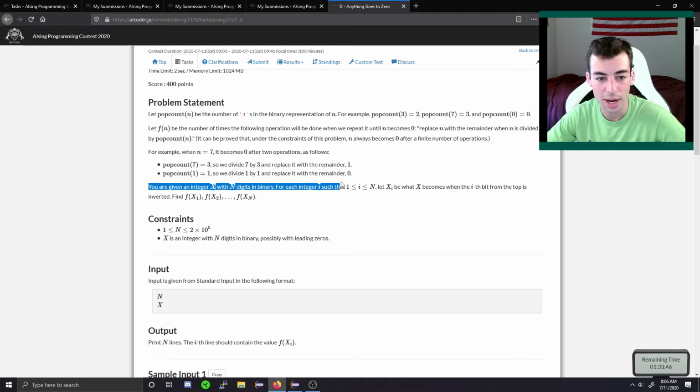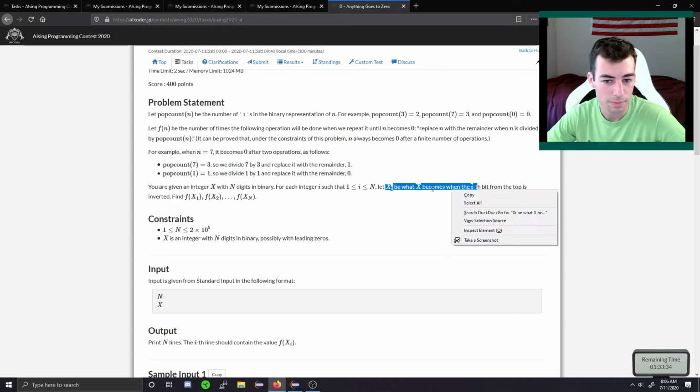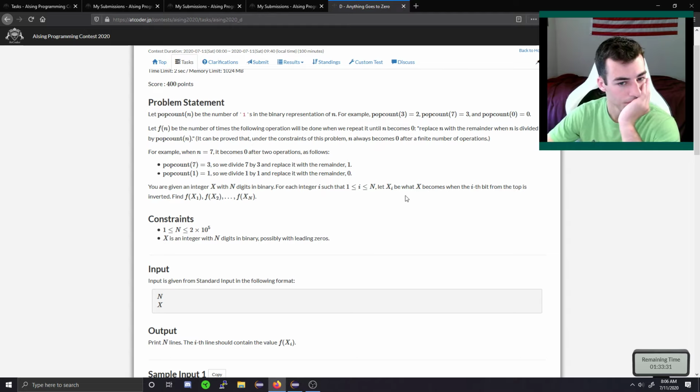For each integer i up to n, let this be what x becomes when the ith bit is inverted. What? Oh, okay. So we're going to invert each bit and then count how many times it takes to become 0.